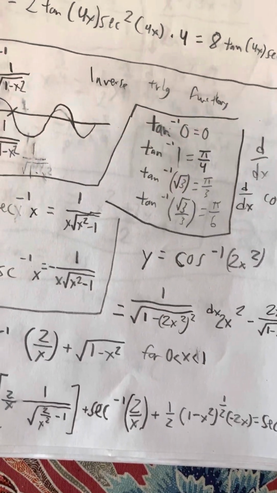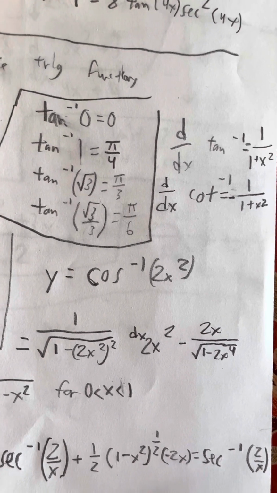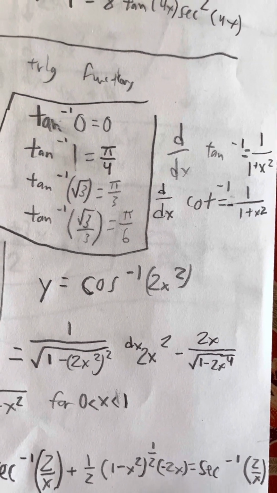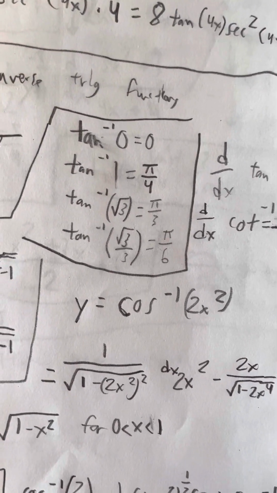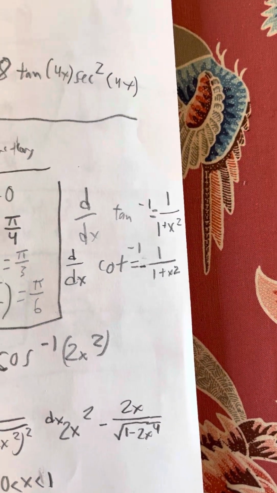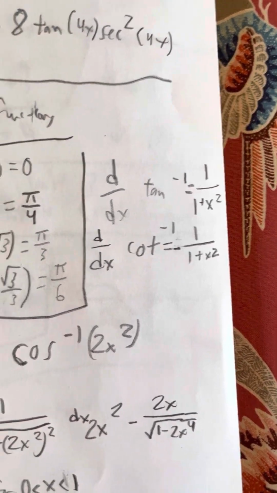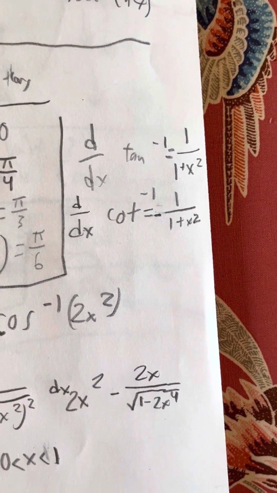Tan negative 1. These are just solved ones for circumstances in tan. d over dx, tan negative 1 is 1 over 1 plus x squared. Cotangent negative 1 is negative 1 over 1 plus x squared.